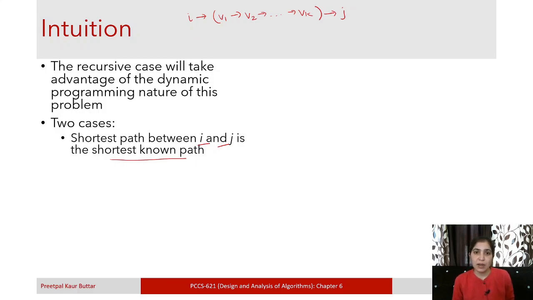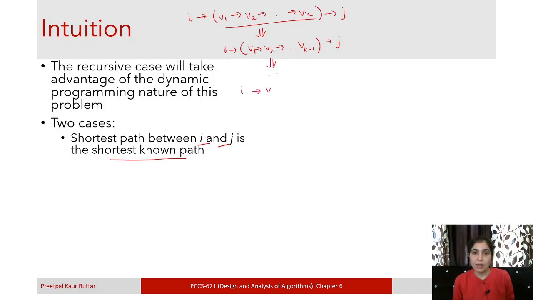Recursively means before solving this problem, we look at the lower order problem where we consider the path from I to j, but we consider the vertices only V1, V2 to Vk minus 1. So this is a simpler problem as compared to the upper problem, and so on.